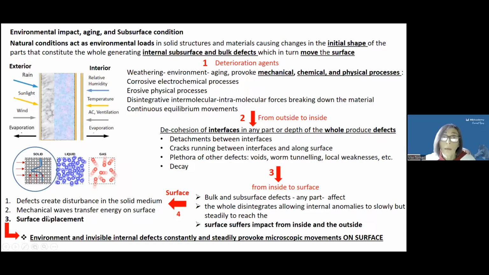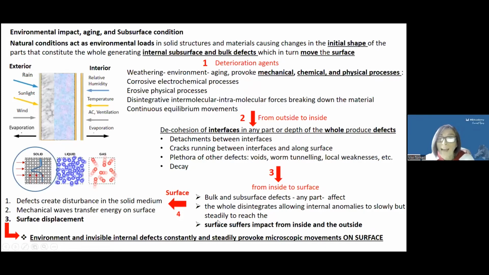This impact causes a displacement on the surface. And this displacement, either it comes from direct impact from the outside, or it comes from internal defects that have been generated from the process of deterioration, they provoke microscopic movements on the surface.